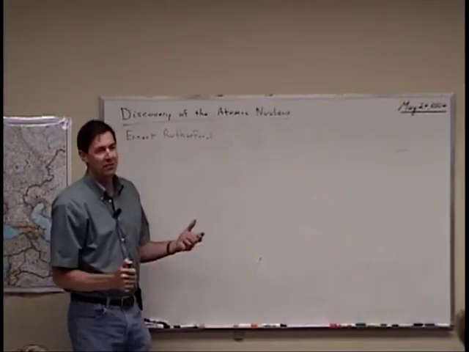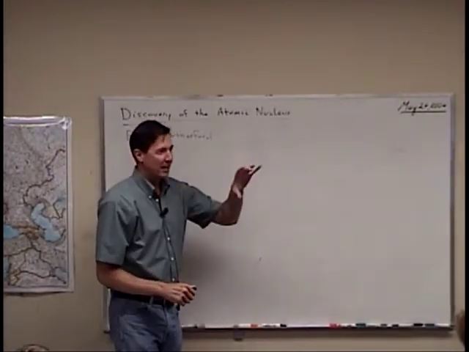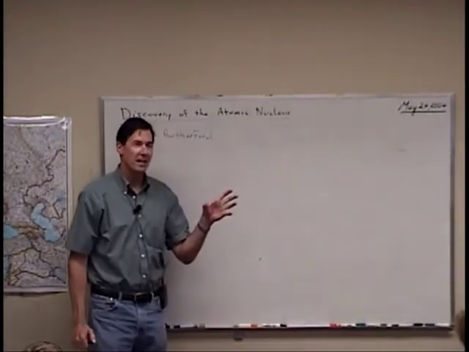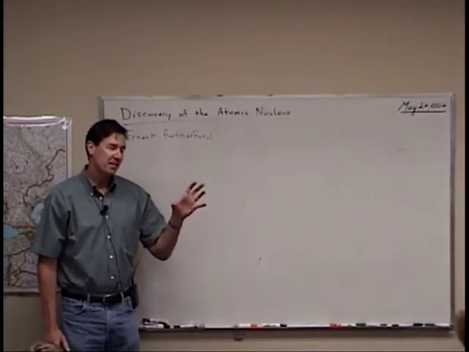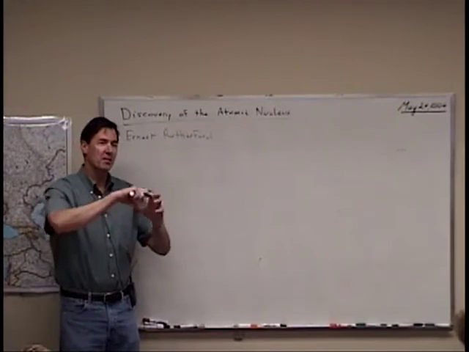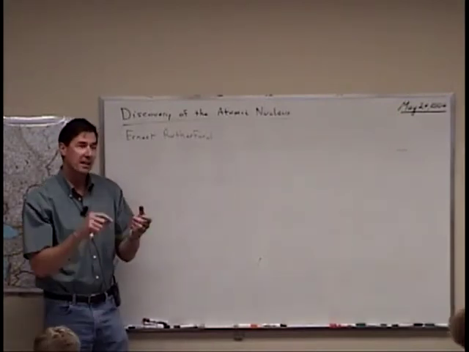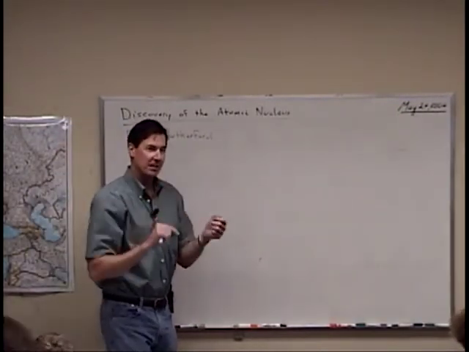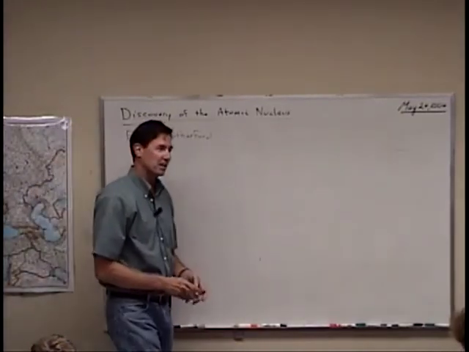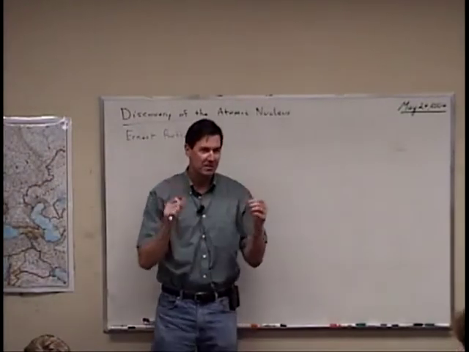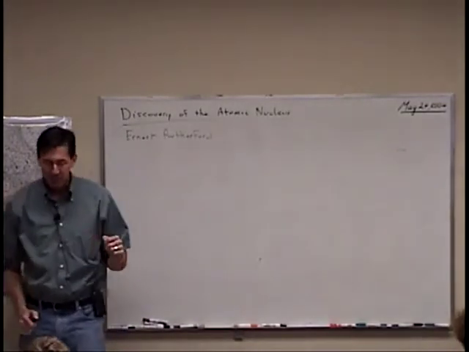But Thomson just figured, well, the structure of the atom is, you have this heavy material that is positive spread out over the whole atom, and then you've got these little negative electrons embedded in it. Okay, my parallel being the muffin with the little raisins in it.